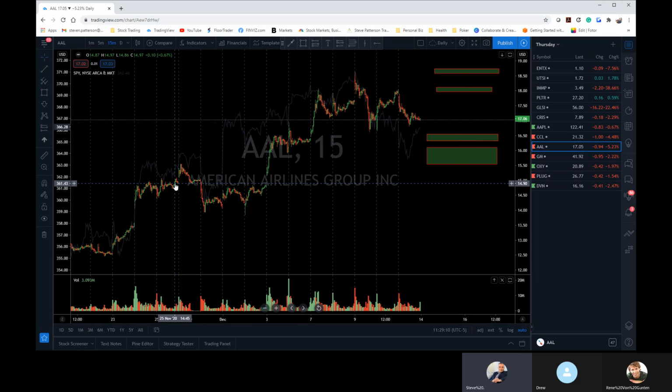Because anybody that's short from here probably stopped out. Anybody that's short from here, they're stopped out. Anybody that's short from here, they're probably stopped out. So these are really the only shorts that are left in this market. Does that make sense?